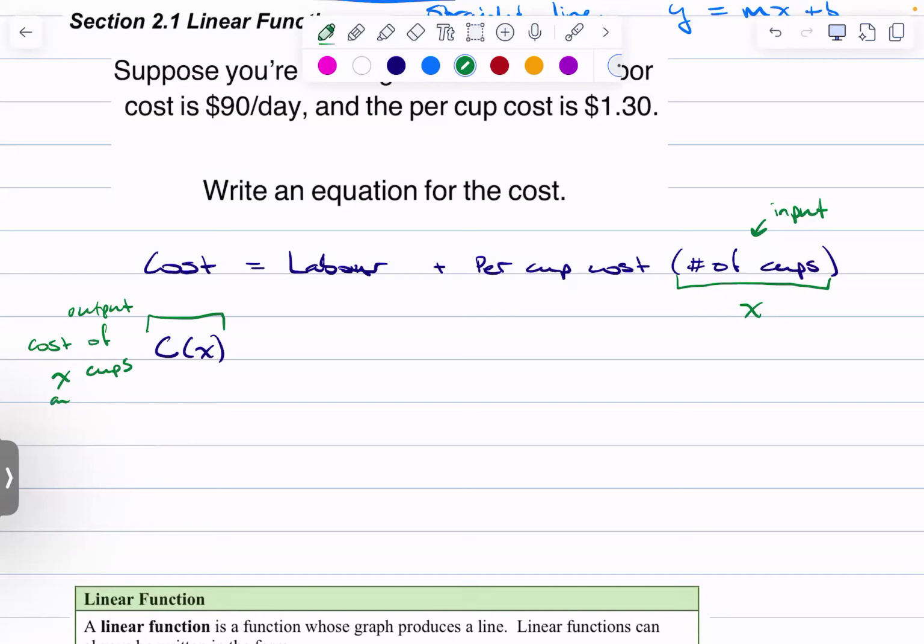And labor. Just to clarify, it's the total cost. So then my labor is 90. My per cup cost is $1.30 times X, which represents the number of cups.